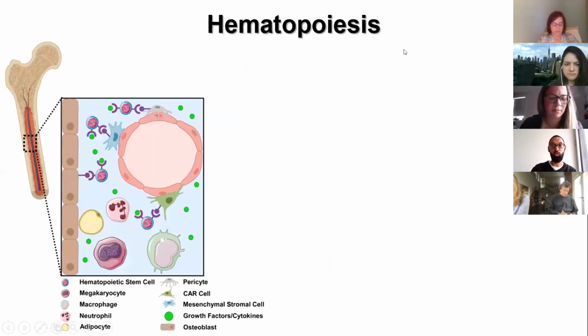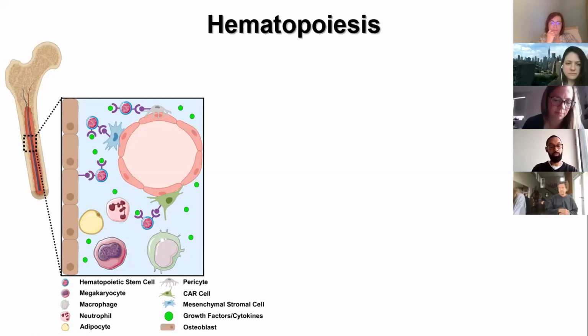So, a really quick overview of hematopoiesis. This typically occurs in the bone marrow, where hematopoietic stem cells are found in a quiescent environment, and they encounter growth factors and cytokines, as well as bind to niche cells, and this promotes their quiescence and prevents their differentiation, as well as their egress into circulation.